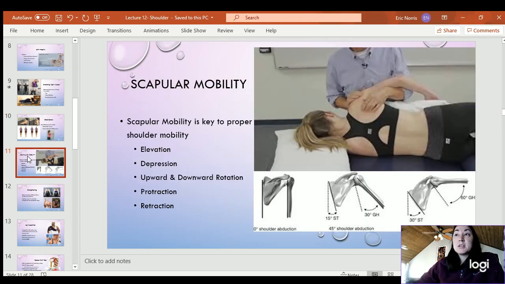Next, we'll go to scapular mobility. Now, one thing, again, we need to remember throughout is proximal stability before distal mobility. So typically when we're talking about distal mobility, we're talking about big movements, your big shoulder movements versus just small, like the scapular movements and things.